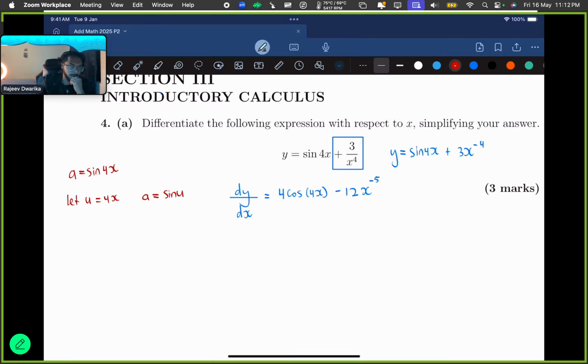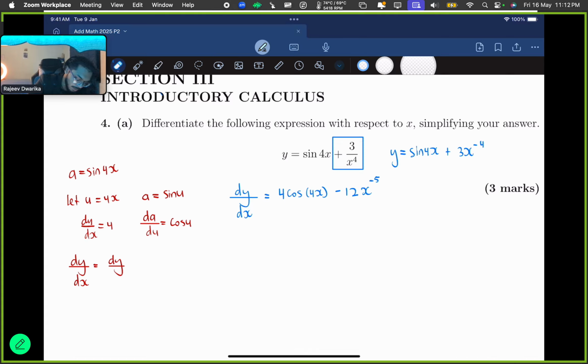Yes or no? Yes. Right, and then you would find du/dx, which is equal to 4, and dA/du would be cos u. To combine different rates of change, you would use the chain rule, which says that dy/dx is equal to dy/du times du/dx. Well, in this case it's actually going to be dA/dx, right? You see that? Yeah, because we let it be equal to a, so dA/dx will be equal to dA/du by du/dx.